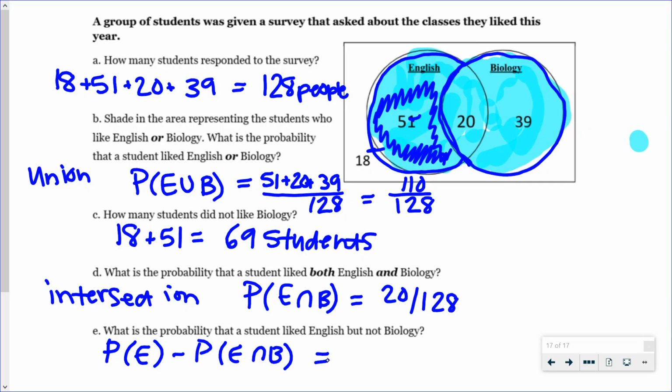We happen to have the information, so I don't need to actually do the subtraction, but I put 51 over 128. Oh gosh, I'm sorry guys, my pen is not calibrated. Okay, 51 over 128 would be the probability of English, not biology.